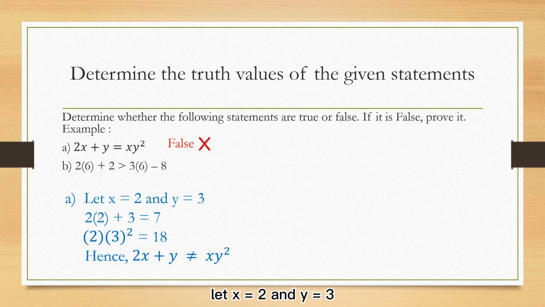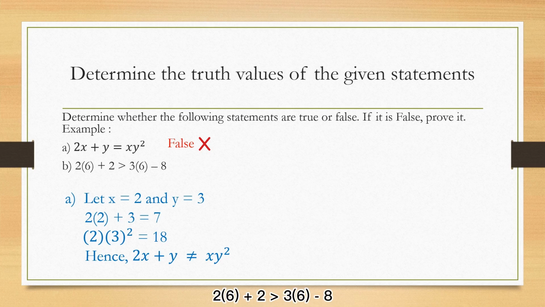Let x equal to 2 and y equal to 3. 2 times 2 plus 3 equal to 7. The other side is 2 times 3 power 2 equal to 18. Now we can say that 2x plus y not equal to xy power 2 because 7 not equal to 18.